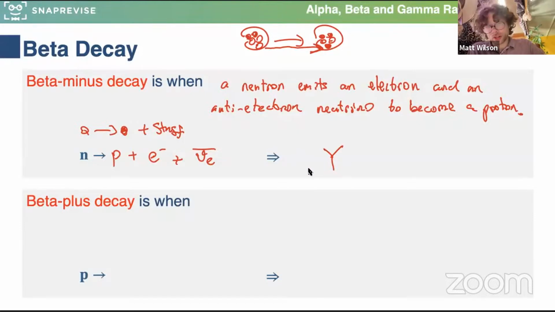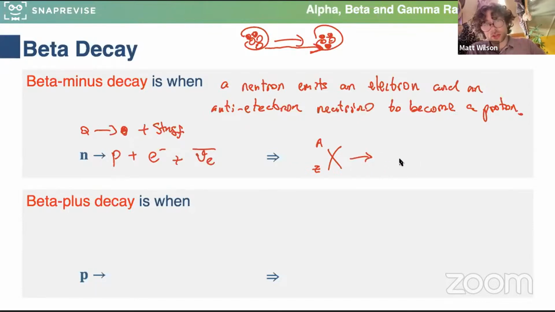So now we're going to use that nuclear notation. Let's say I have some element X, and let's say it has a bottom number of protons Z, and a top number, total number of nucleons A.